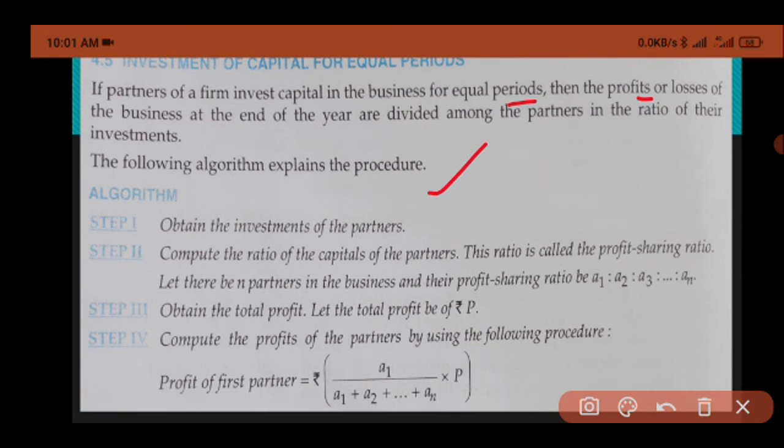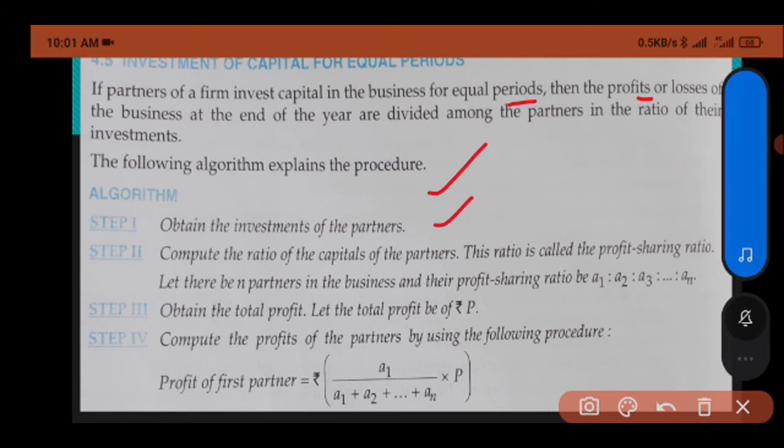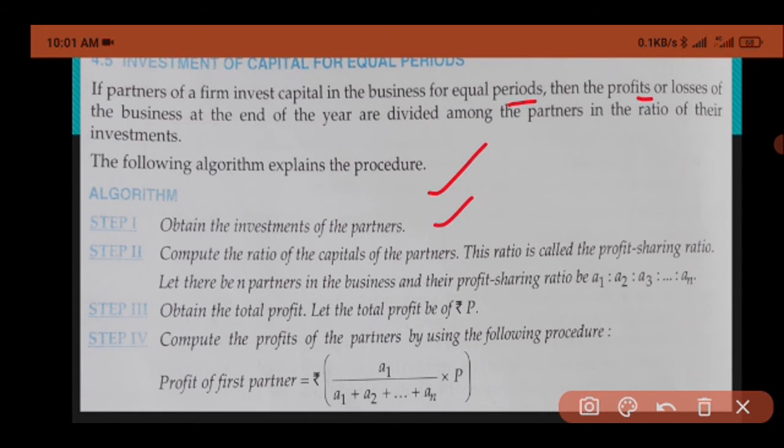First of all, step 1. Under this step we obtain the investments of the partners. All the partners are investing how much, that we have to find. After that we need to find the ratio of the capitals of the partners. This ratio is also called profit sharing ratio.